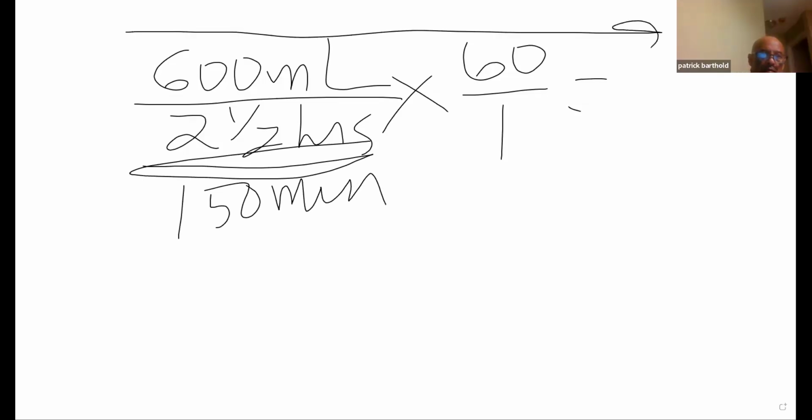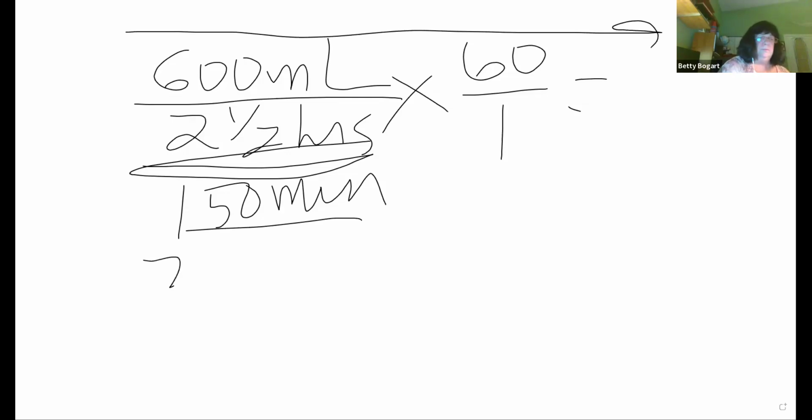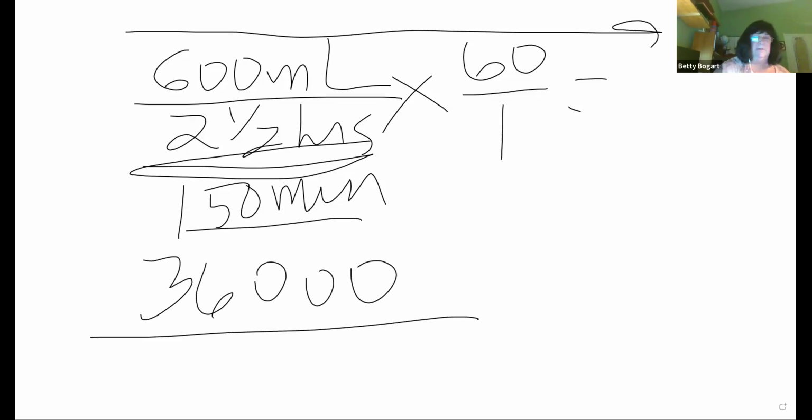So multiply the top, divide the bottom. 600 times 60 is 36,000, divided by 150.